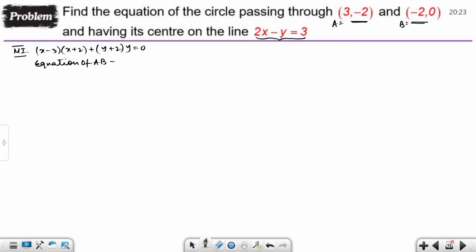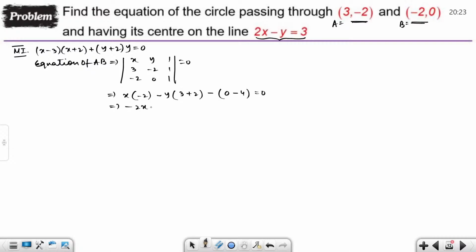This is nothing but, in the determinant form I'm writing. Now, let me expand this determinant. So, this is the equation of the line.